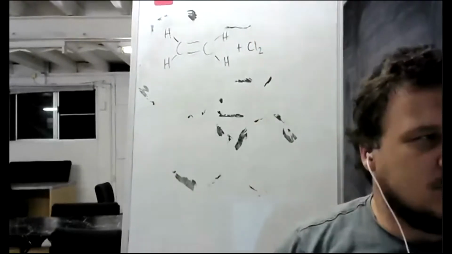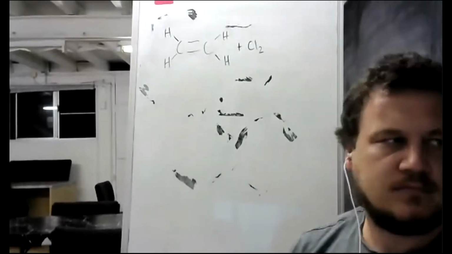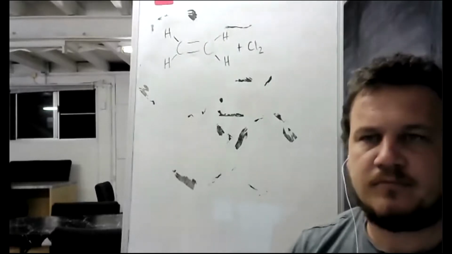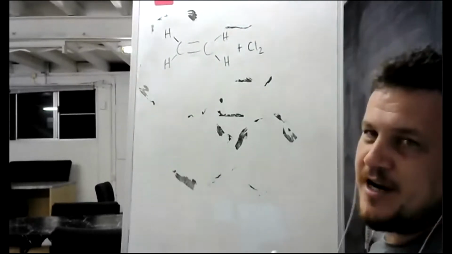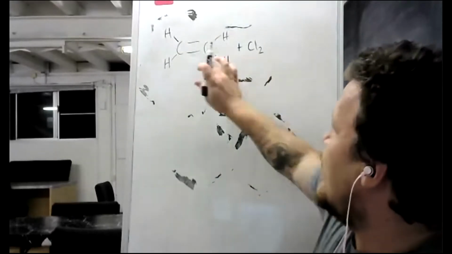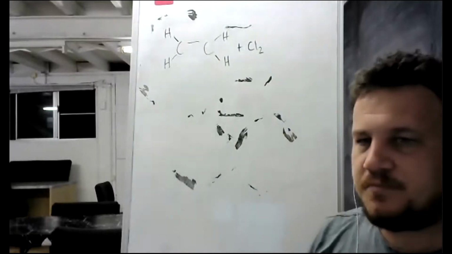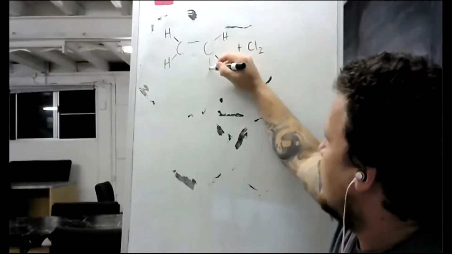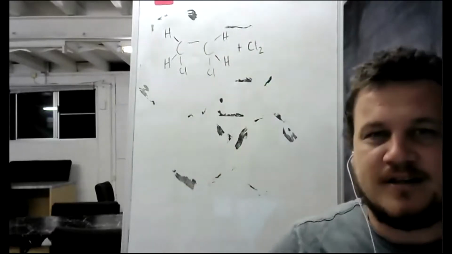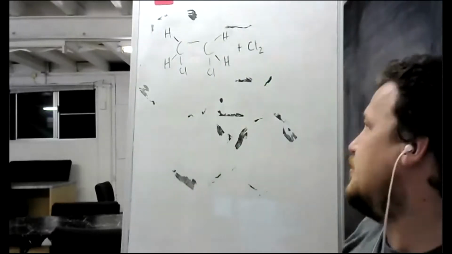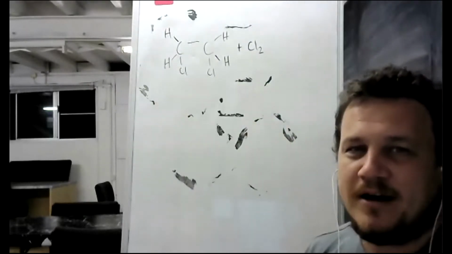So what's going to happen to our double bond? Any ideas? It's going to be an addition reaction that we're going to break the double bond. And we're going to stick our 2 chlorine molecules, and we're going to go back to a dihaloalkane.